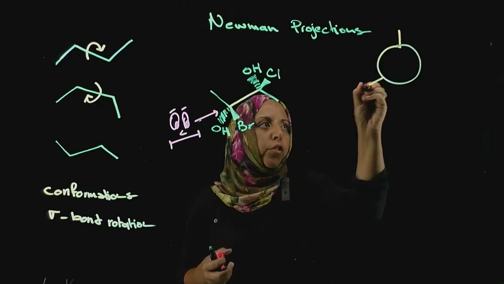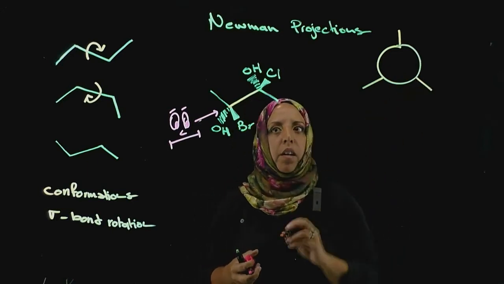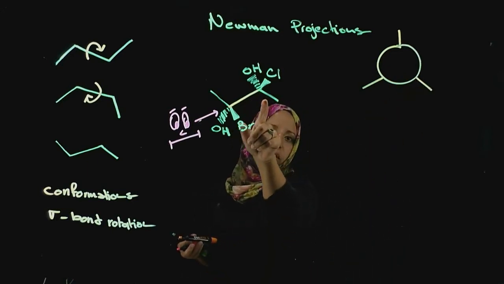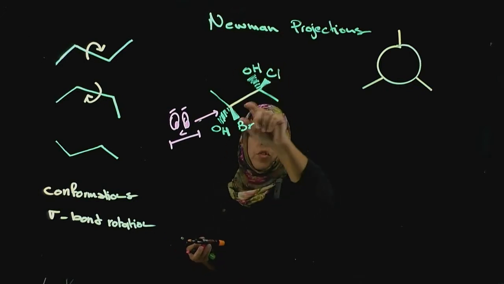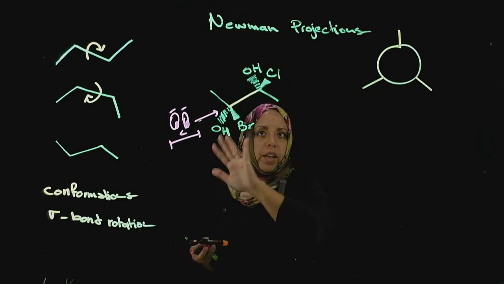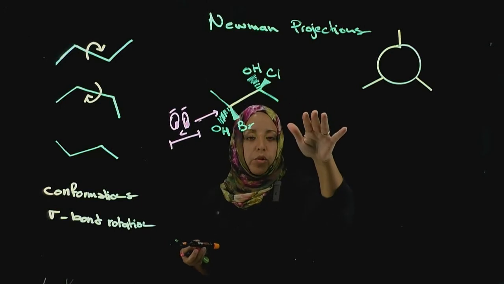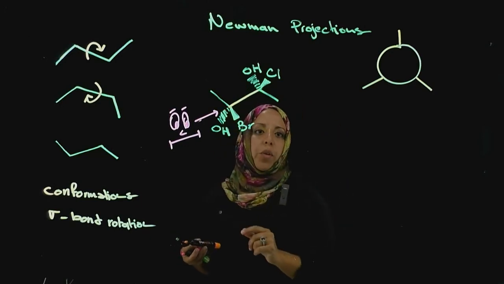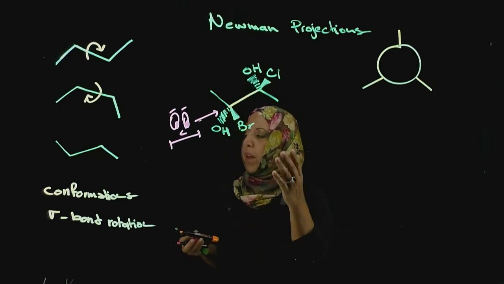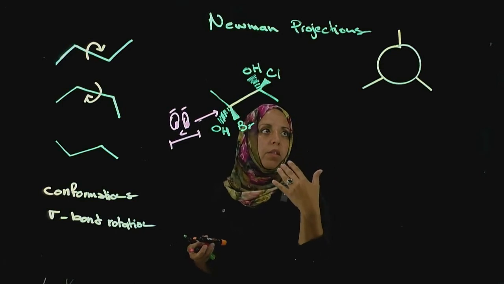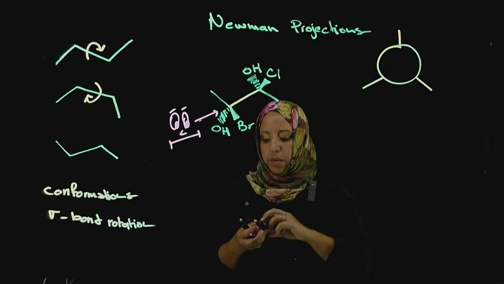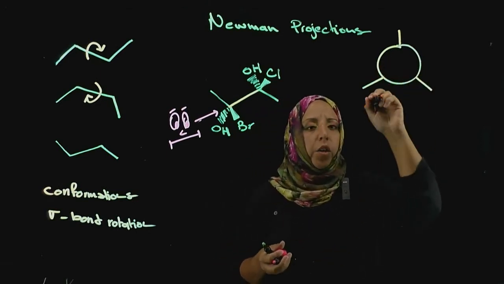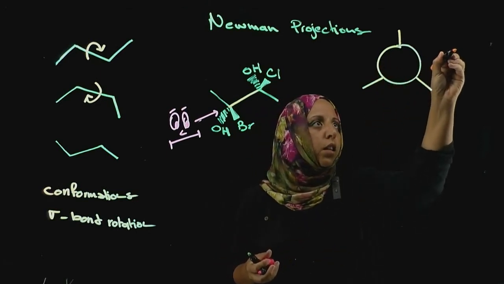And then there are four groups attached to it. There's one group that is in plane of the paper, and there are two groups that are on dashes and wedges. If you recall, a wedge is pointing outside of the plane of the paper and towards you, whereas a dash is pointing behind the plane of the paper and away from you. So this reflects the back carbon. It could be looking like this.